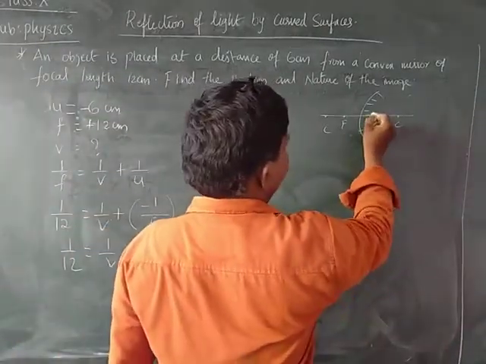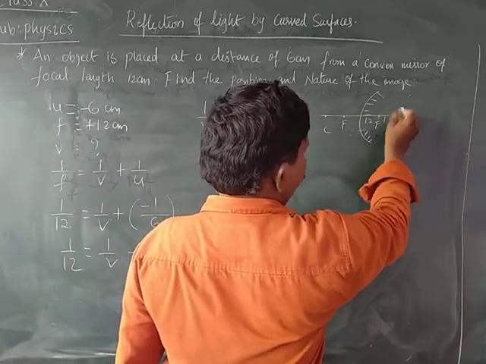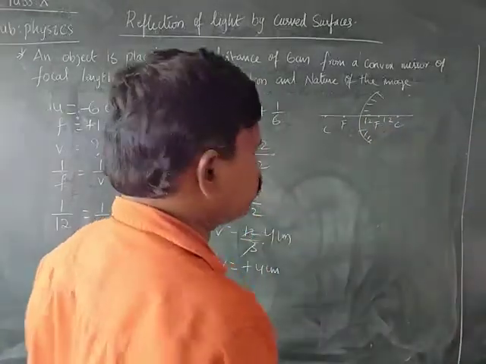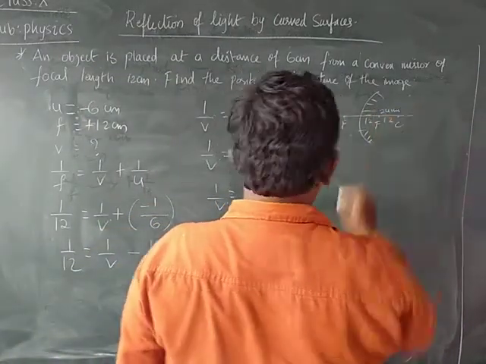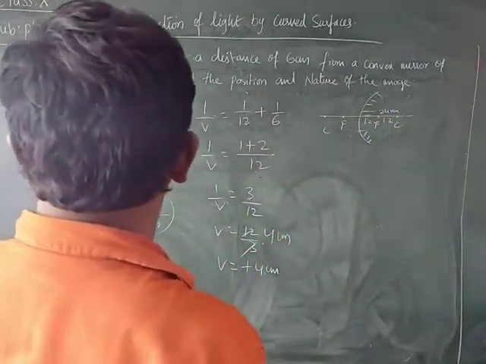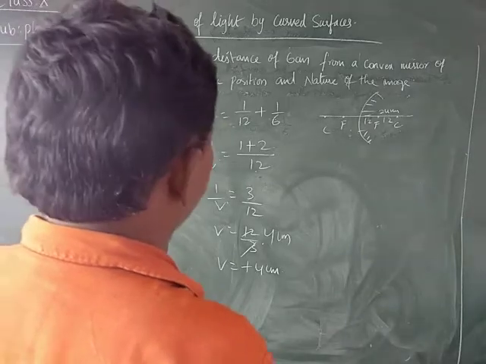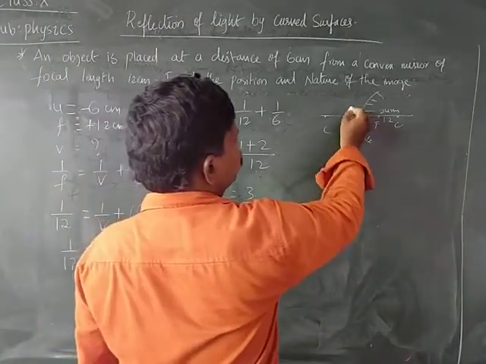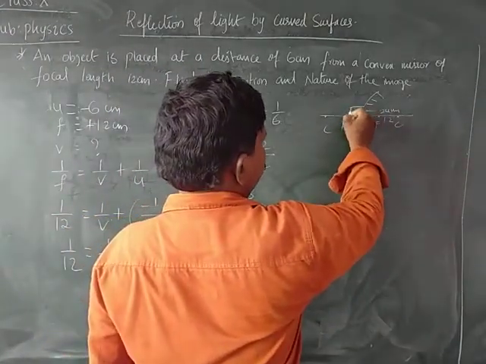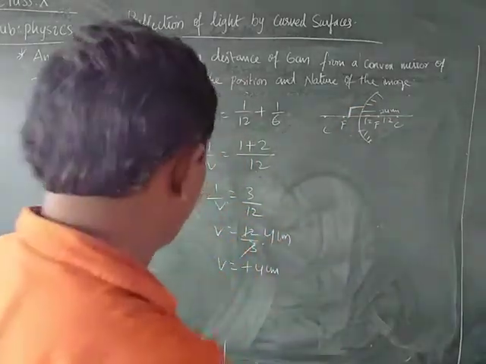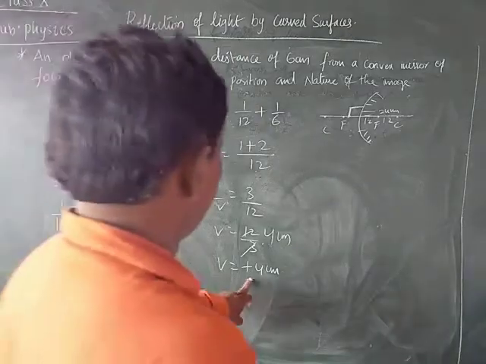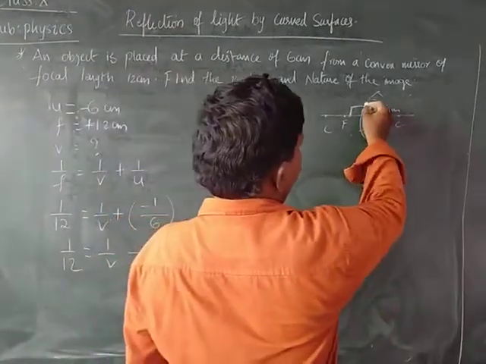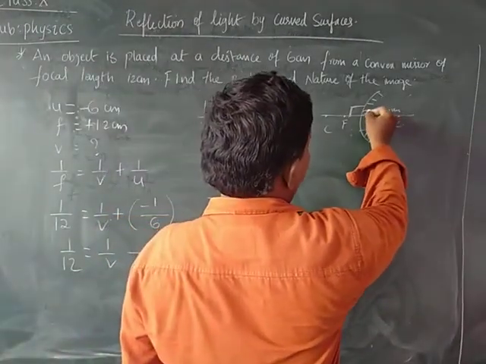F is 12, so C is some more, therefore 24 centimeter. Where is the object placed? The object is placed at 6 centimeter, meaning between these two. Therefore, where is the image formed? The image is formed at 4 centimeter, less than 12, no? The image is also formed over here, somewhere here.